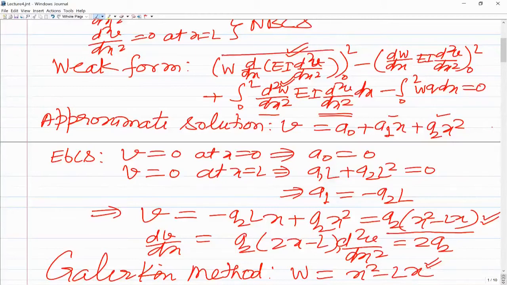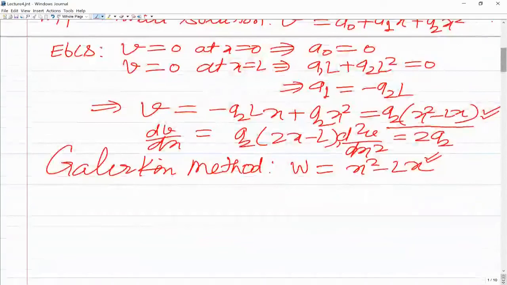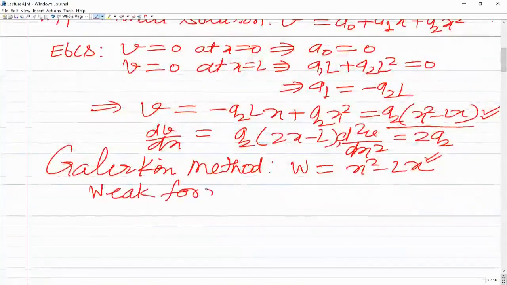Similarly, if we put x equal to L, we again have w equal to 0. So this term at the lower boundary x equal to 0 as well as at x equal to L is actually 0, because w is 0 at both. So when we look at the weak form, the first term is 0 at lower boundary and it is also 0 at upper boundary.